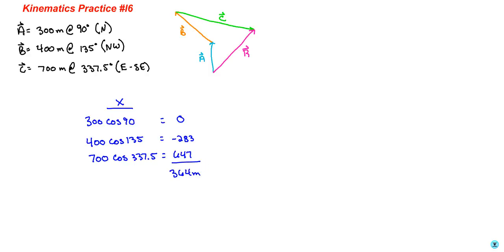I'm then going to do the same exact thing for the y. All right, and now instead of using cosine, we're going to use sine. So it's going to be 300 sine of 90, 400 sine of 135, and 700 sine of 337.5.